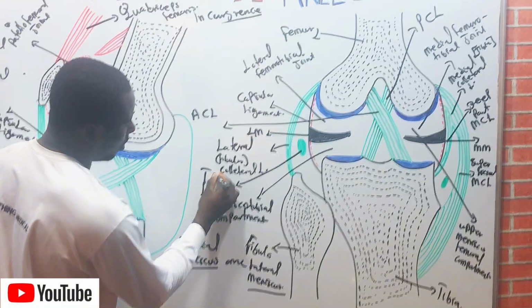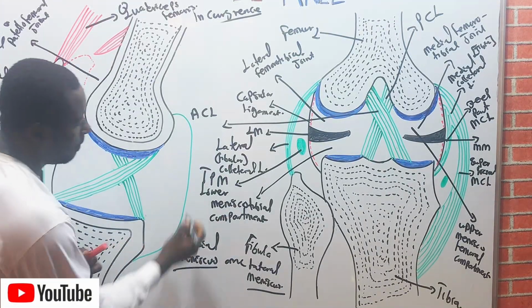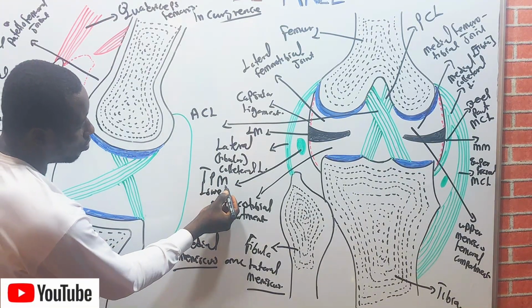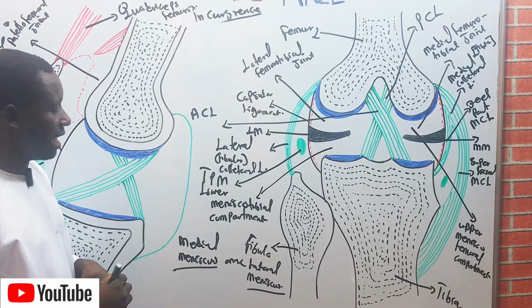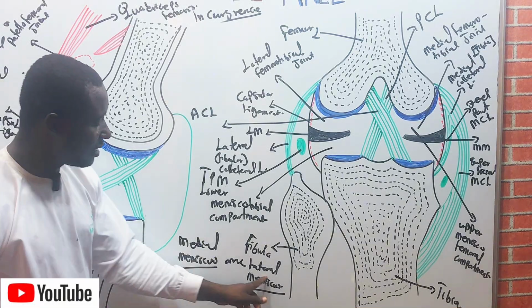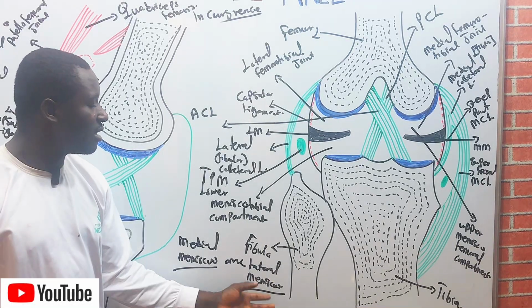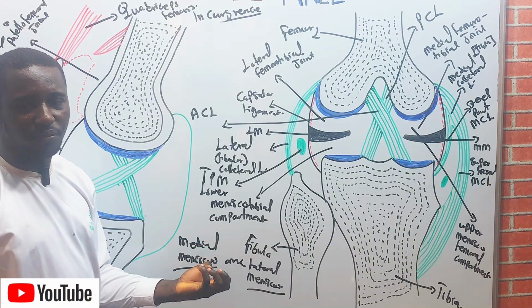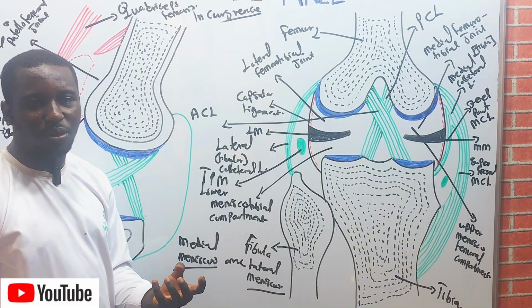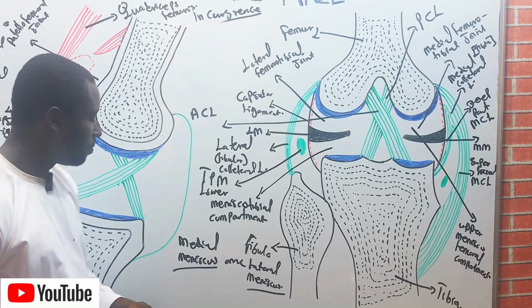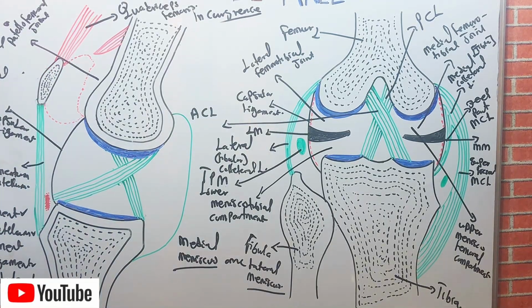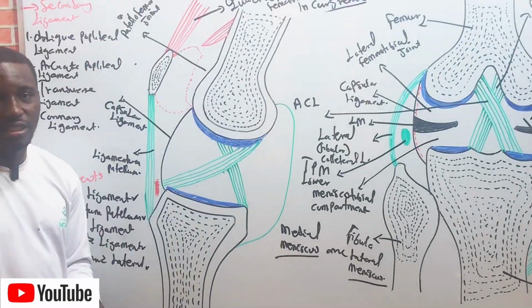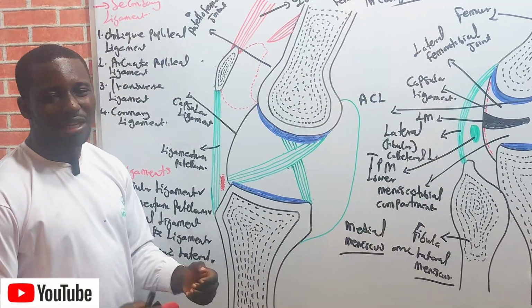That is where the lateral meniscus attaches, and it is less prone to injury. So that is how they are fashioned.